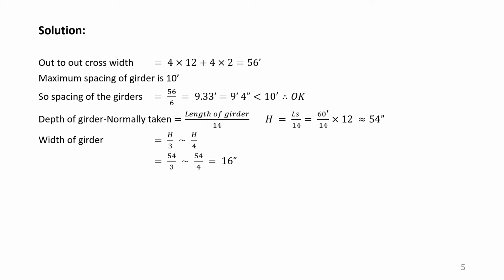The depth of the girder normally taken is length of the girder divided by 14.